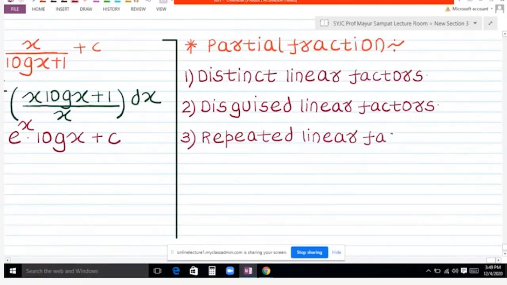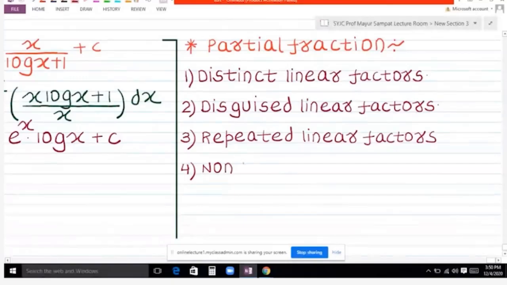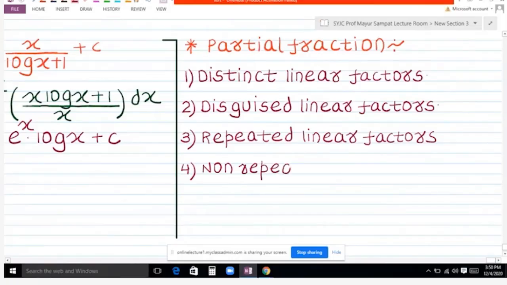And number four, problem based on non-repeated quadratic factors.